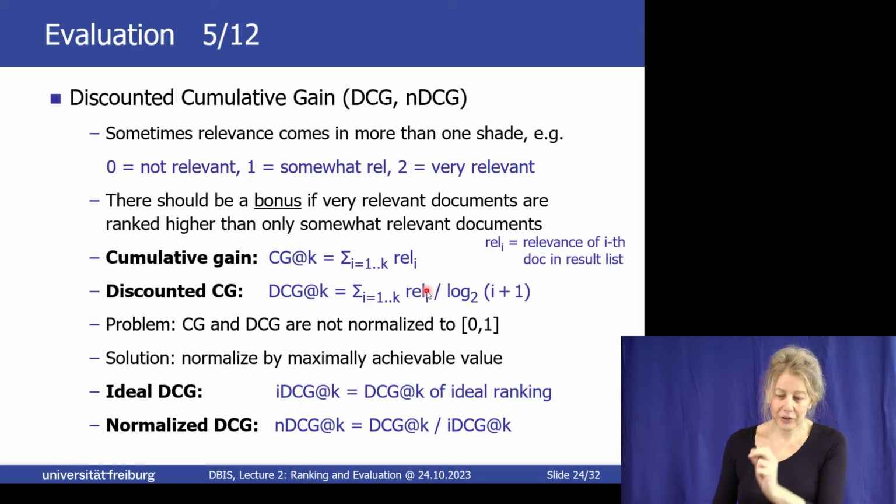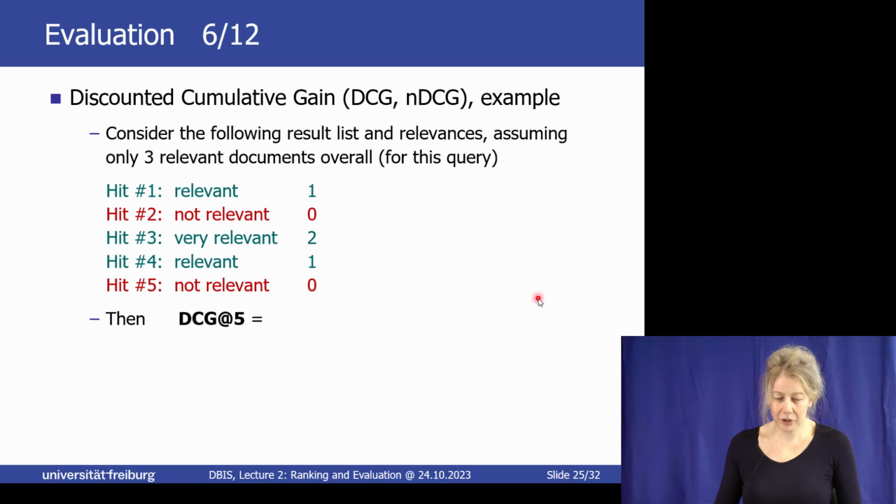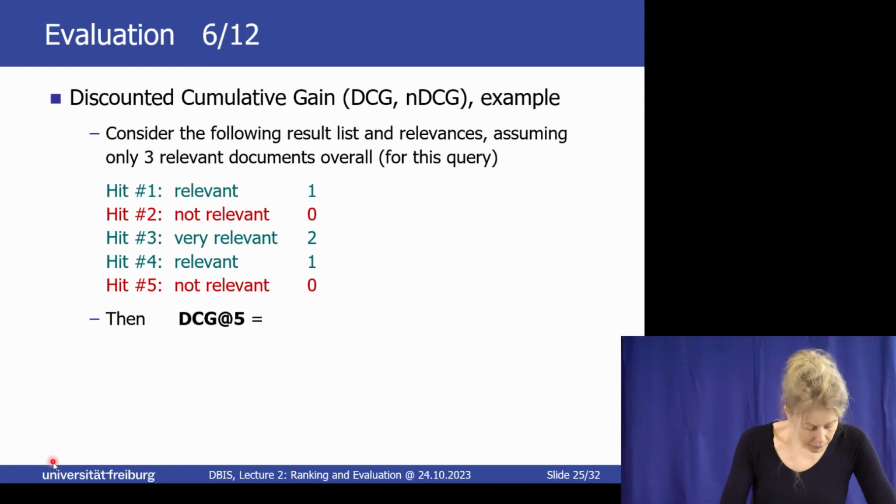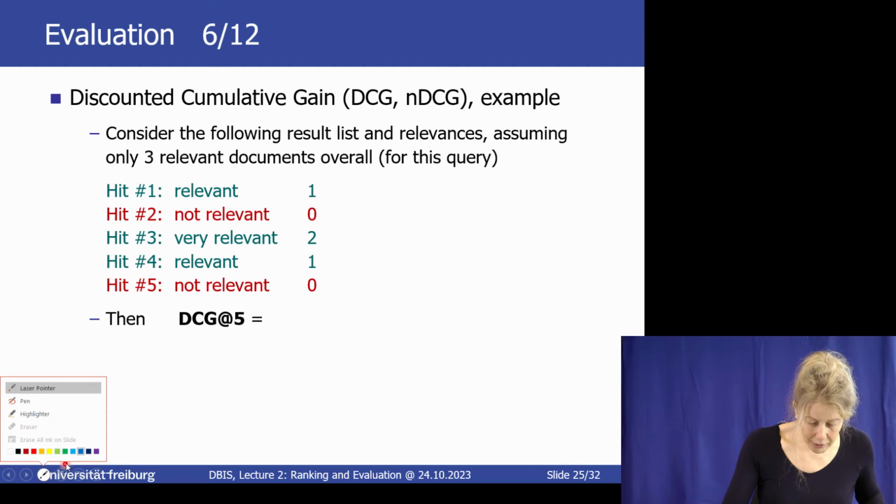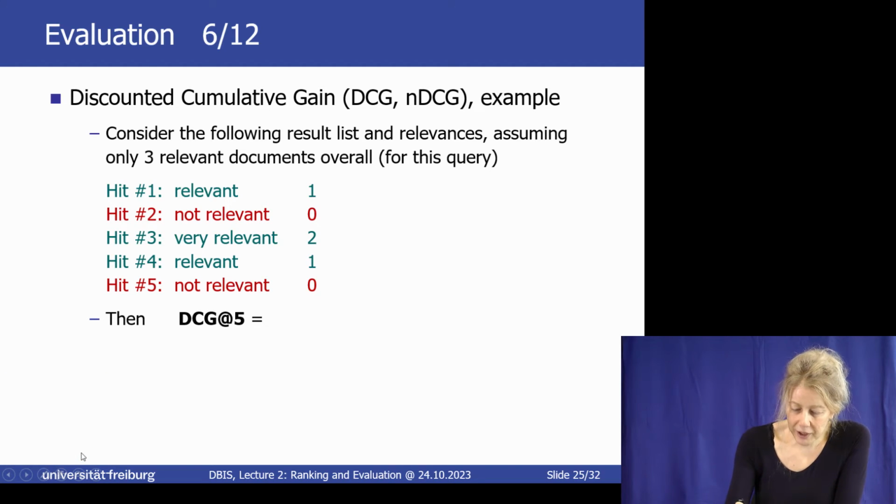So I just sum up the relevance values, which are 0, 1, or 2, depending on how relevant, and I divide by the log of the position plus 1. Let's just do it, and by doing the example it will be clear. I do it until position 5.